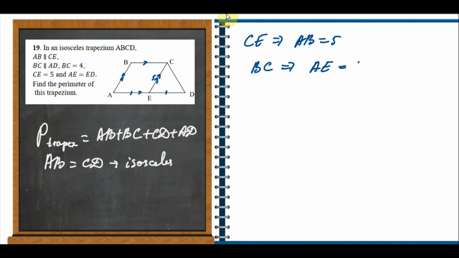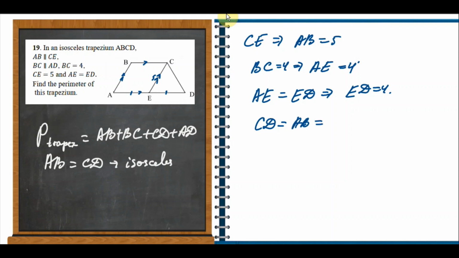I forgot to write 4 here. Now, after knowing AE, we know that AE equals ED. We will write if AE equals ED, then ED will be just 4. Now, what is left? We must find CD too, because we need to know it to find the perimeter. And we know that's equal to AB from the word isosceles. It's given. So AB was 5 here. Let me write the value of AB.